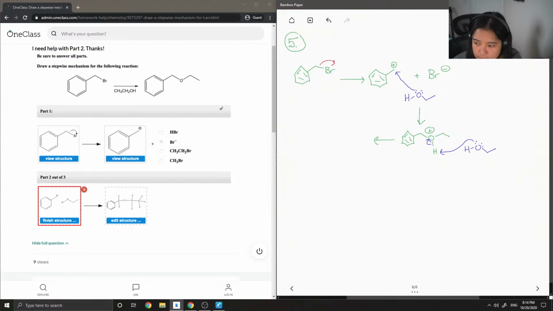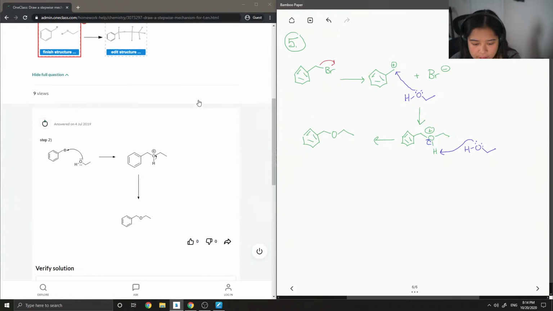And then we have a product that looks like that. So it is an ether group, and it is the same final product that was given in the question, so we know that we did it right.